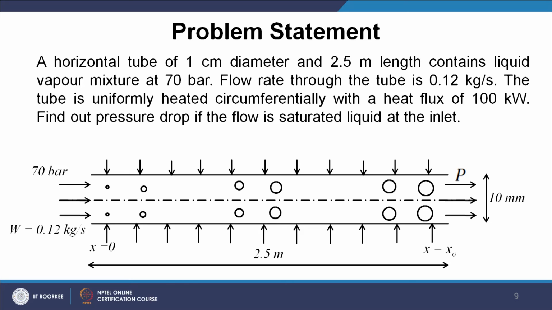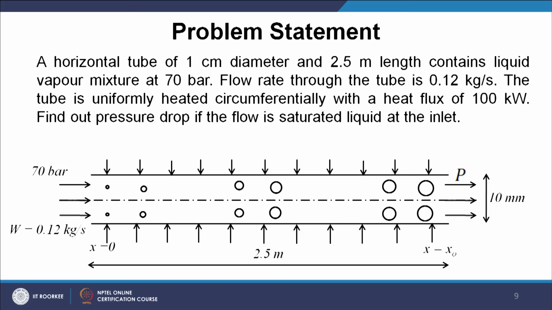So, 0.12 kg per second is the overall flow rate W over here. The tube is uniformly heated circumferentially. So, we are giving the heat from the circumference, okay, with a heat flux of 100 kilowatt. So, this heat flux whatever you are giving, that is 100 kilowatt. You have to find out the pressure drop if the flow is dry saturated at the inlet. So, at the inlet we are having x equals 0. So, let us try to solve this problem.